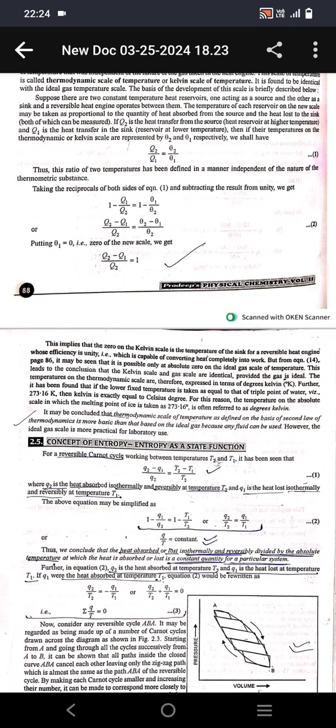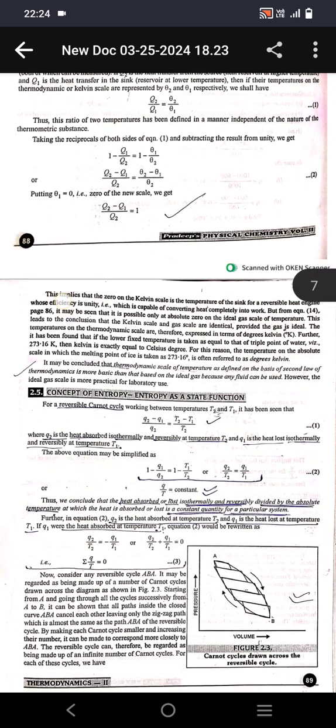For a reversible Carnot cycle working between temperatures T1 and T2, it has been seen that Q2/T2 = Q1/T1, where Q2 is the heat absorbed isothermally and reversibly at temperature T2, and Q1 is the heat lost isothermally and reversibly at temperature T1.